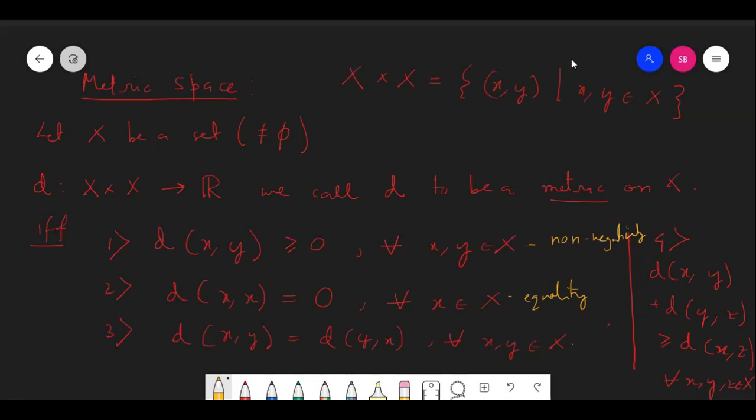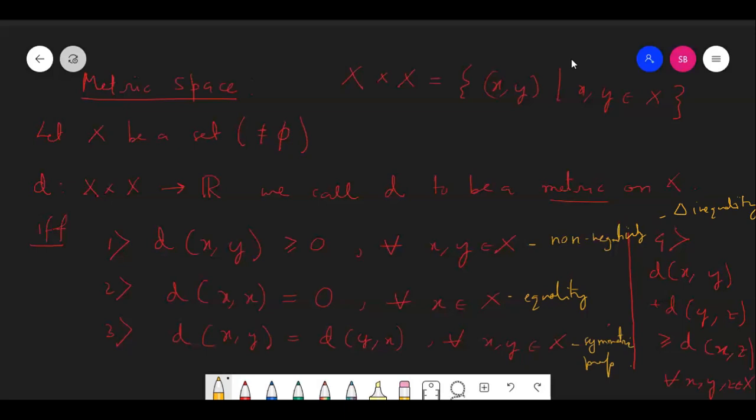Then this is called the symmetric property. And the fourth one, the most important one, is called the triangle inequality. I am quite sure you can relate it with the triangle inequality we know in R.